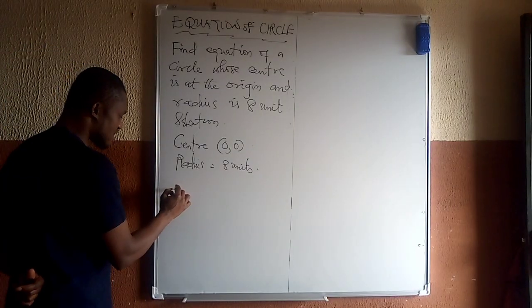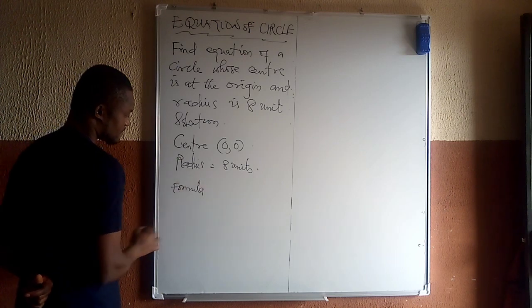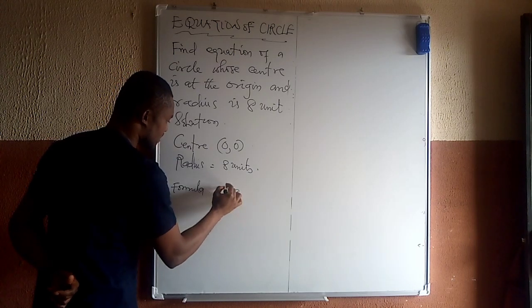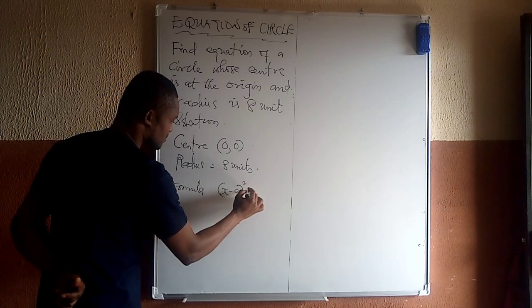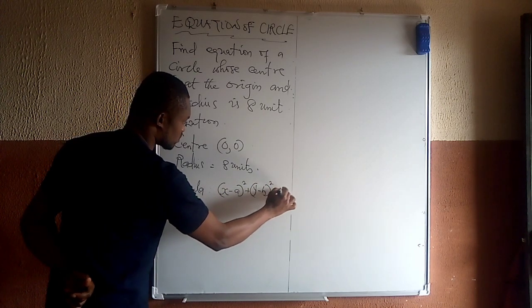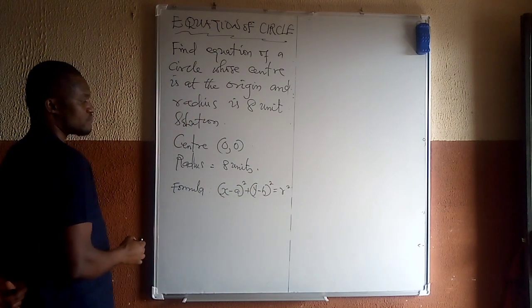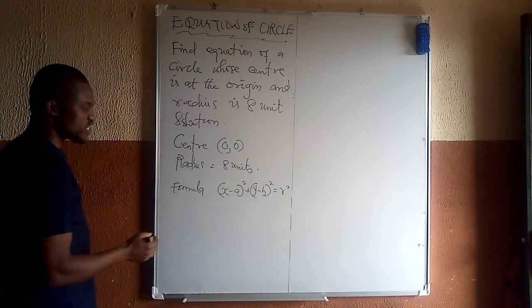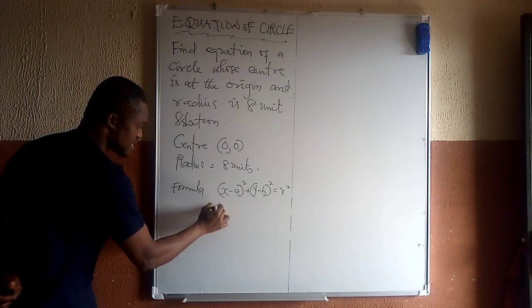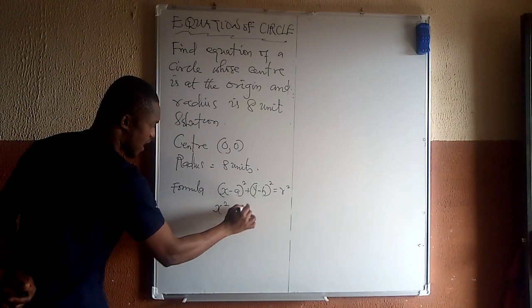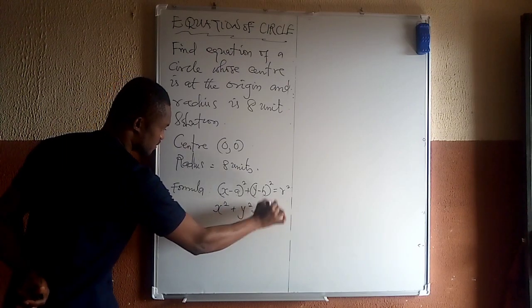We have our formula: x minus a squared plus y minus b squared equal to r squared. But in this case, we have a and b equal to 0, which means we are now going to use x squared plus y squared equal to r squared.